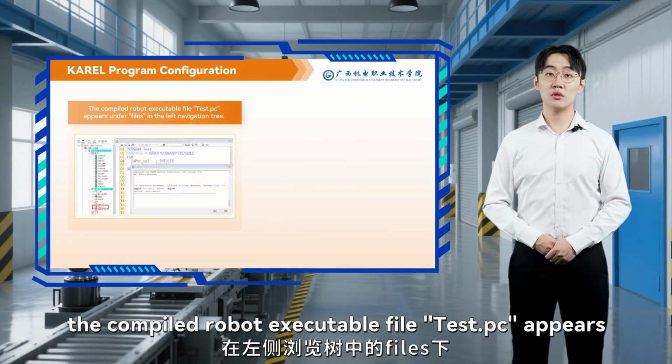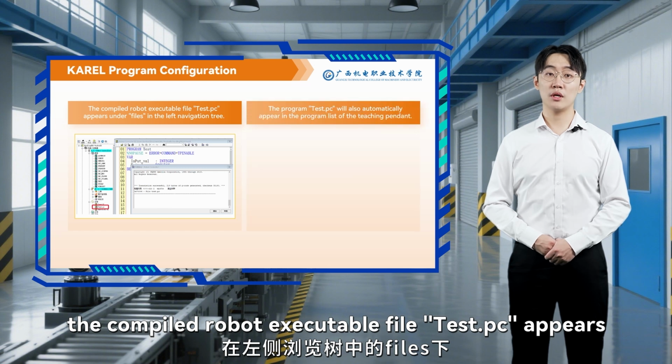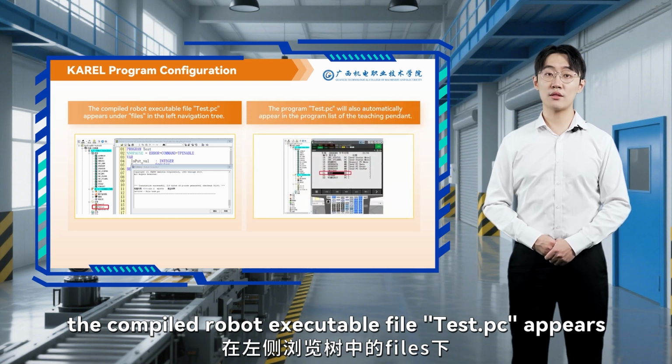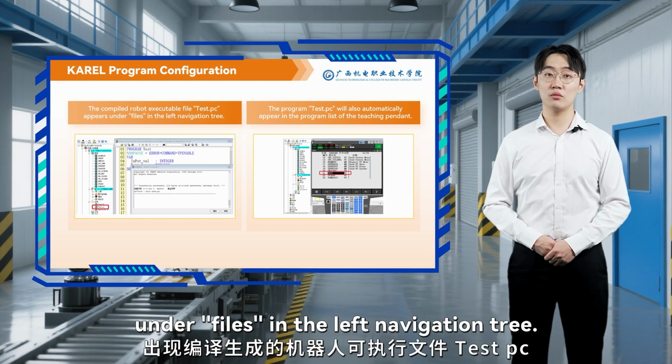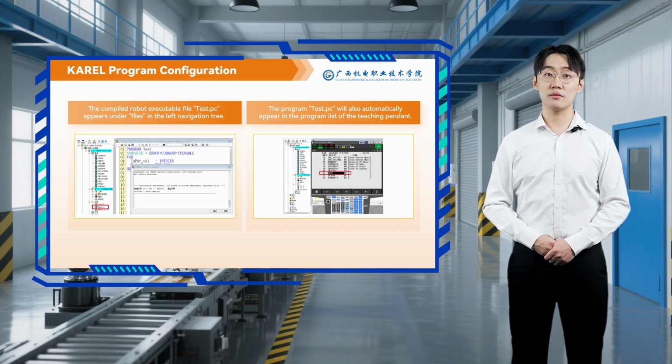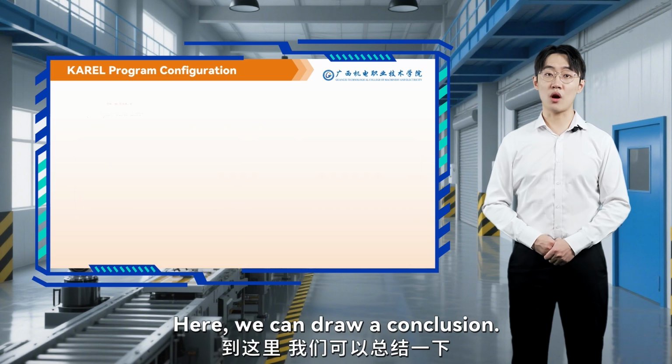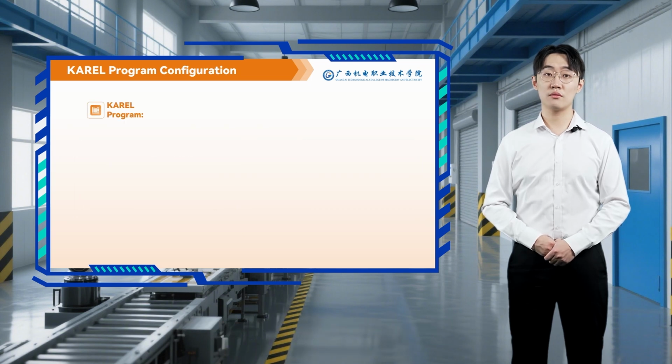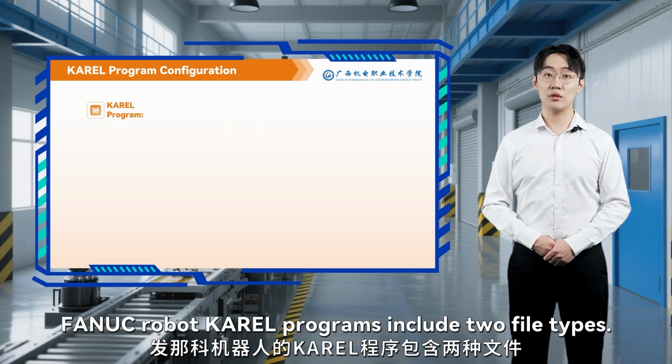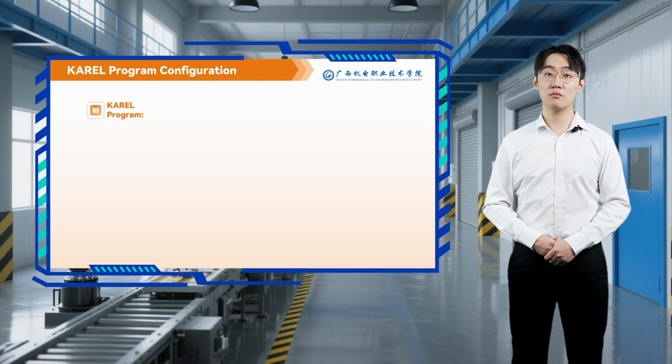Meanwhile, the compiled robot executable file test.pc appears under Files in the left navigation tree. Here, we can draw a conclusion. FANUC Robot KAREL programs include two file types.